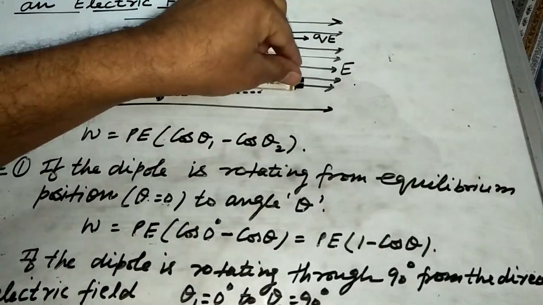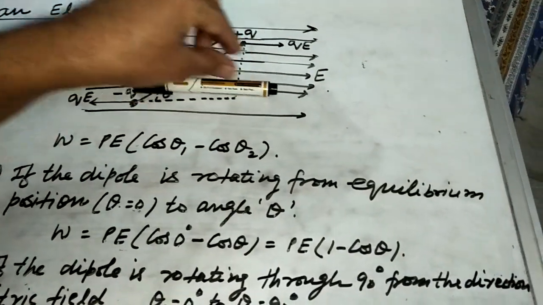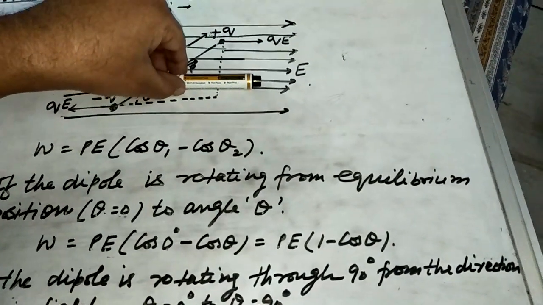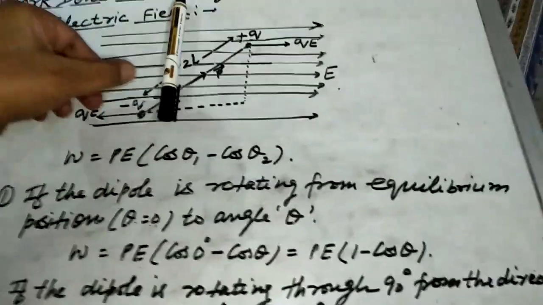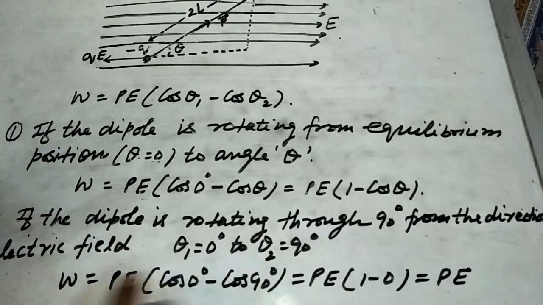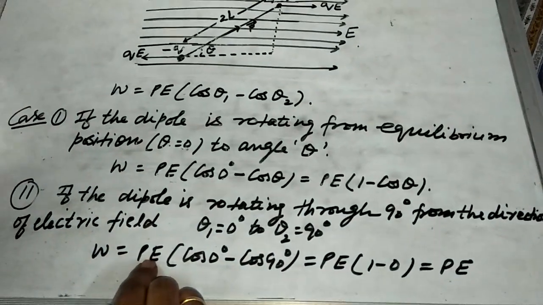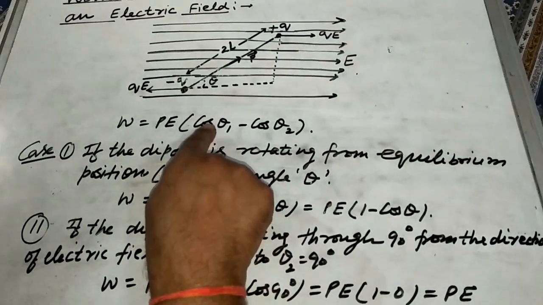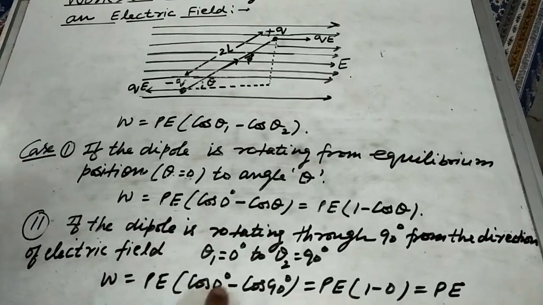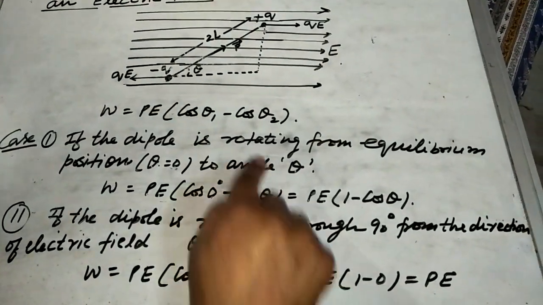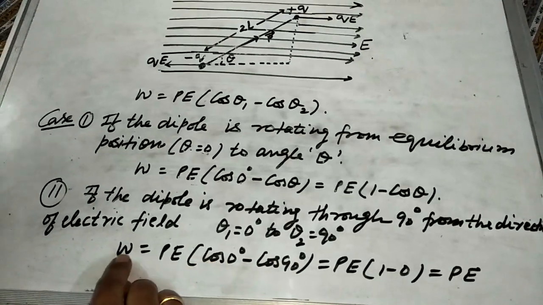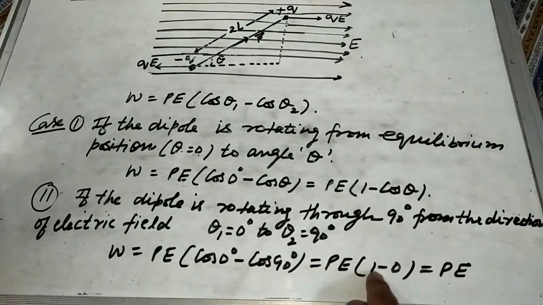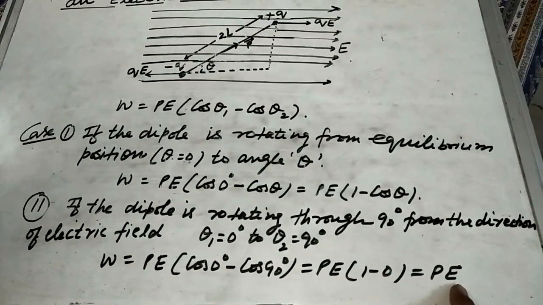Theta equal to 0 means the initial position, theta 1 is 0, and when it is rotated from this equilibrium position to 90 degrees, theta 2 is 90 degrees. Then the work done W = pE (cos 0 − cos 90). Cos 0 is 1, so W = pE (1 − 0) = pE.